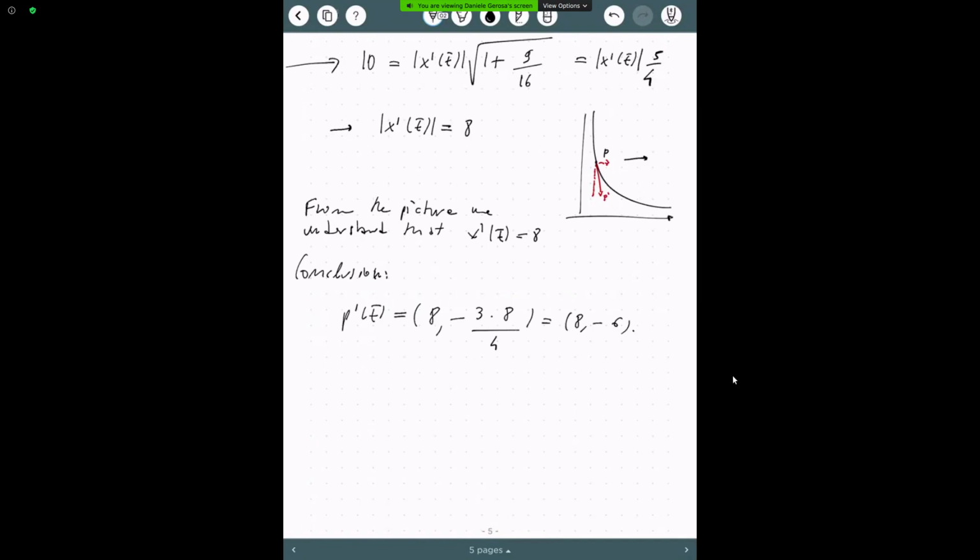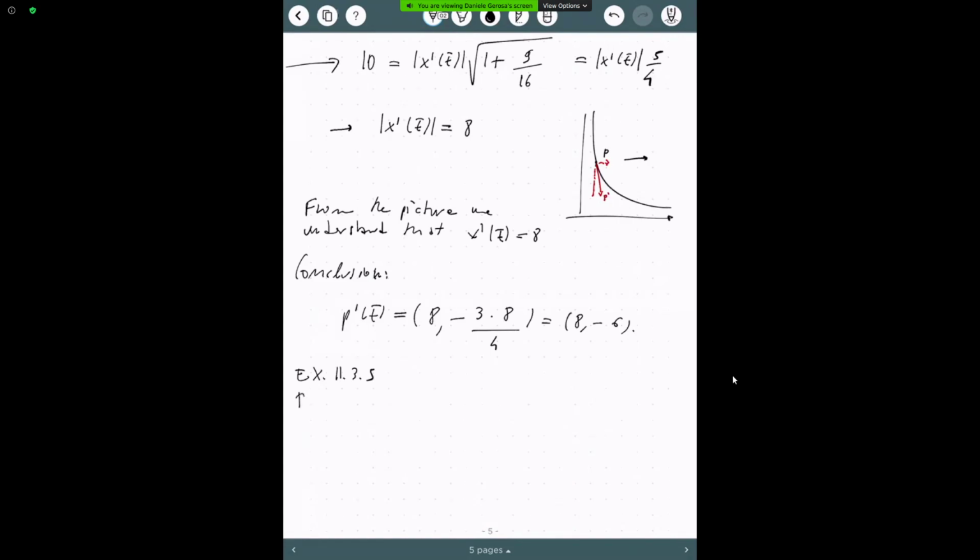Let's see, 11.3, we have exercise 11.3.5. Okay, so we have this problem.